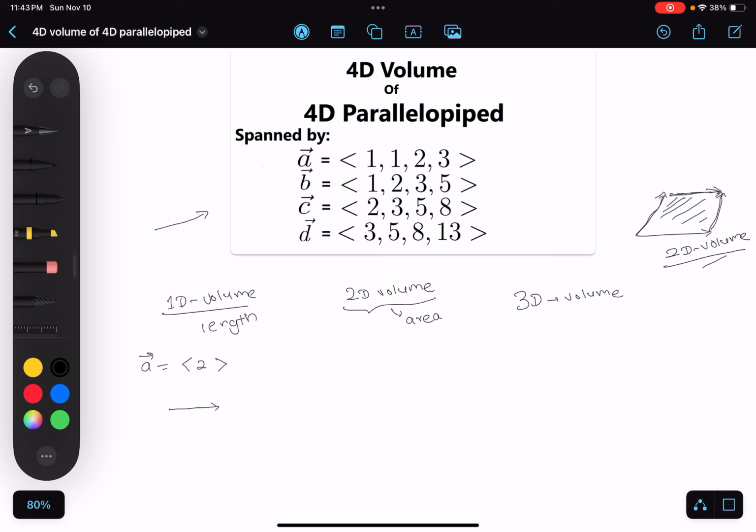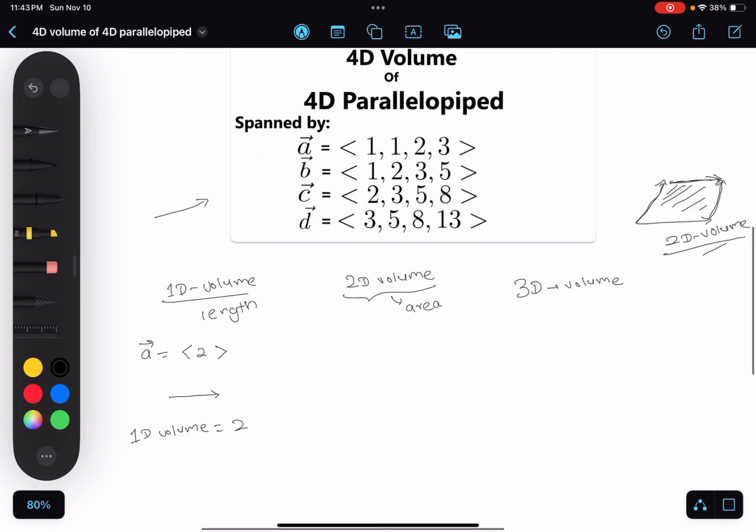Now to find the 1D volume, we can just take the magnitude, the number that we have, right? So the 1D volume is just 2. We will try to later formalize this argument in a different notion, but for now it's just the number that we have.